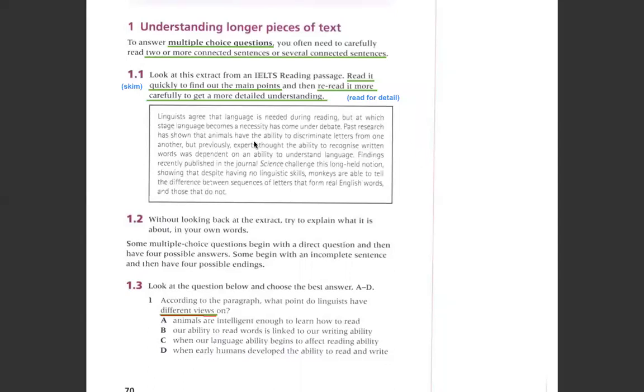All right, so you should be finished reading now. Have a look at the question, read the different options, and then read it in a bit more detail to find out what the different views are.